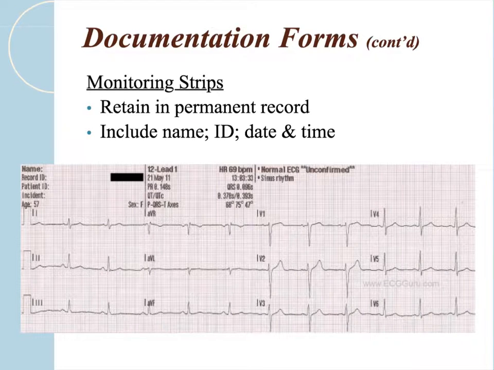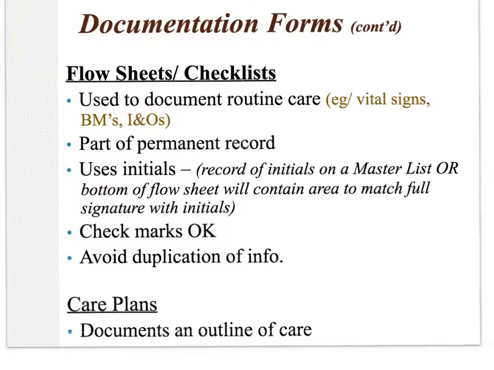And so at the end of the day, any of the significant data that is going into their record, you want to make sure that it's labeled so that the patient's name is there, you can identify their unique hospital identifier, and the date and the time that it was obtained.